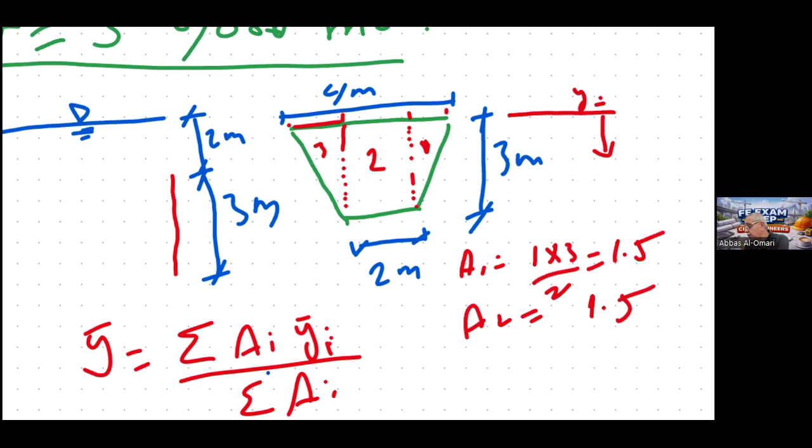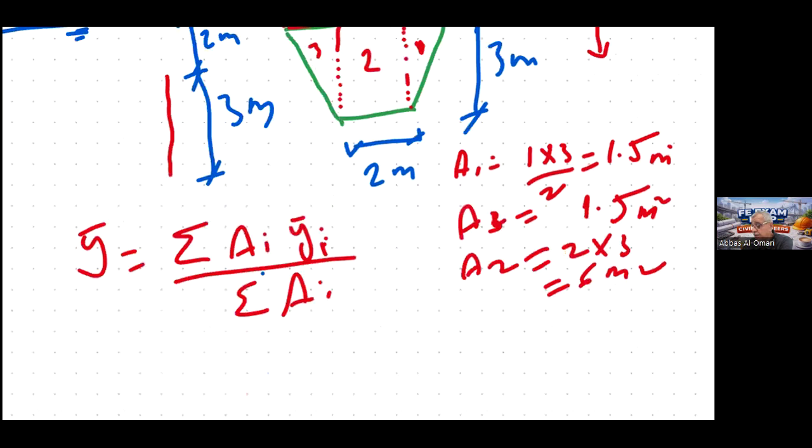A2 is a rectangle, so it is 2 by 3, which equals 6 meters square. Now we want to find the Y bar for each of the sub areas.